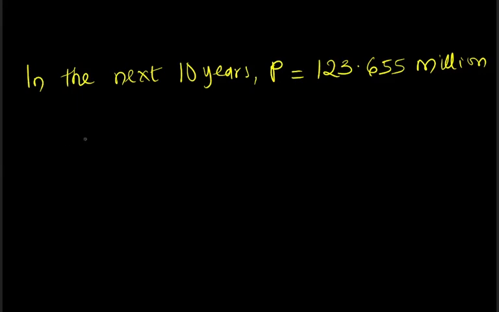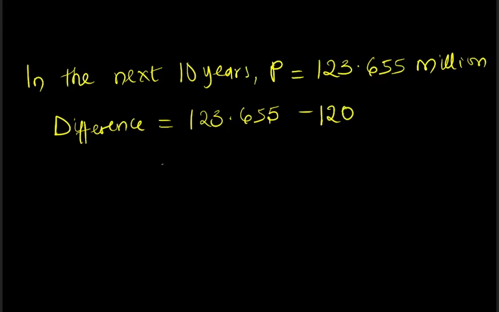Now, we are going to find the difference. The difference will be gotten by subtracting the two values, 123.655 million minus 120 million. This is going to give us 365,500.